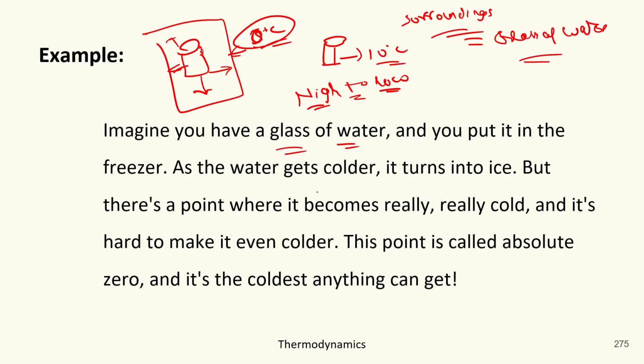So in this scenario, it will reach the absolute zero, or you can say the coldest point the water or the thing could achieve. Got it? So this was the explanation for the third law of thermodynamics.